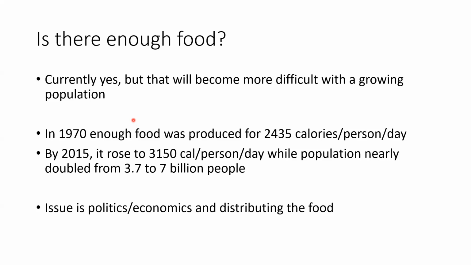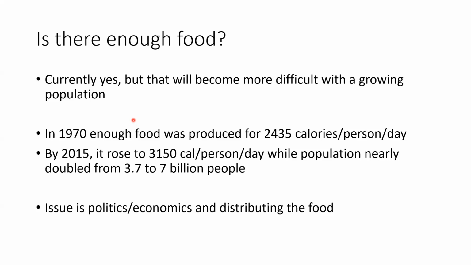And in 2015, despite the population nearly doubling from 3.7 to 7 billion, the amount of food on the planet, or at least the amount of calories available, increased to a production of 3,100 calories per person per day. The issue with this, though, isn't going to be the production of the food. It's going to be more related to the distribution and the politics and the economics related to that.